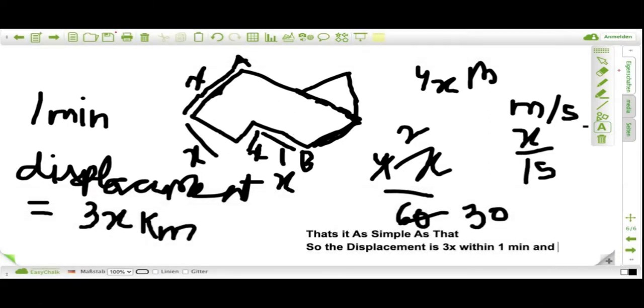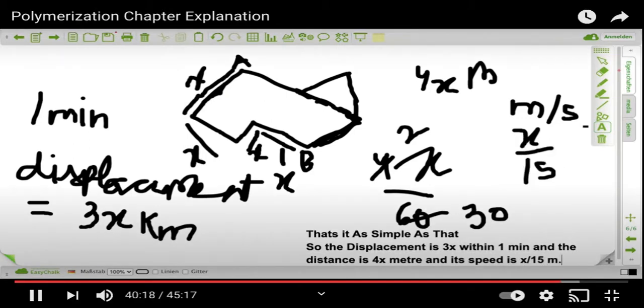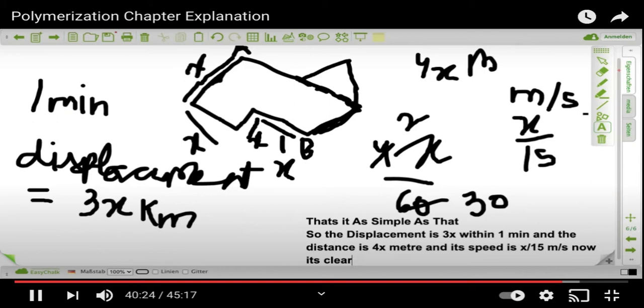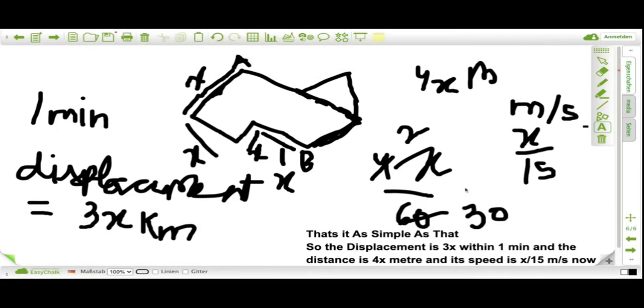So it's 3x within 1 minute, and its distance is x by 15 within 1 minute. Here are your problem's answers.